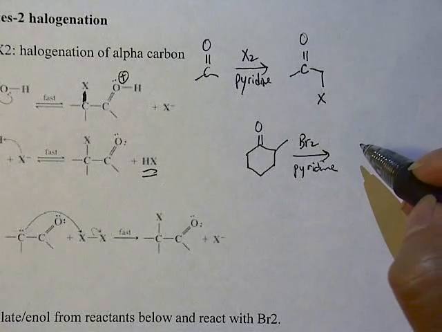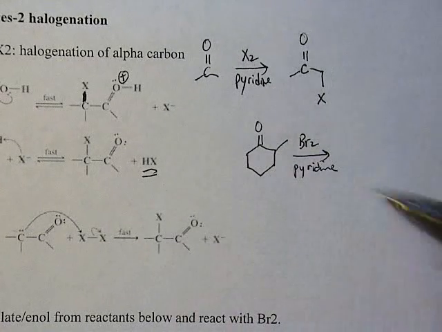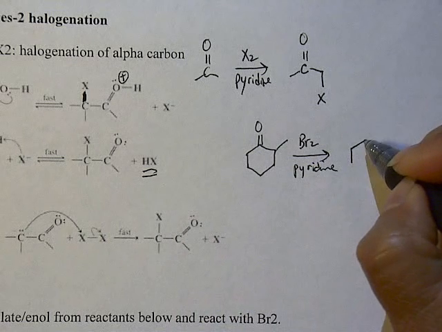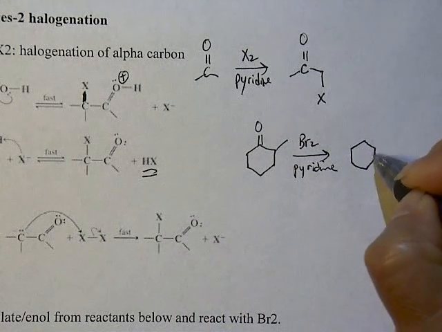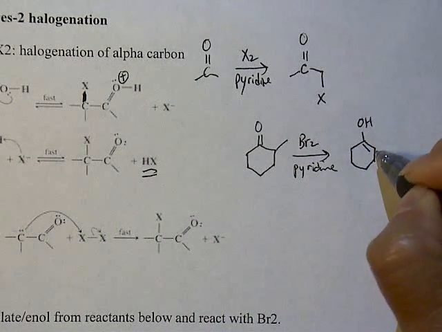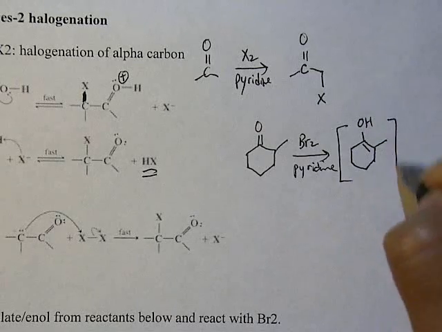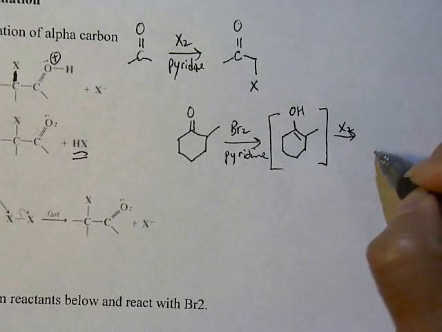And because you're forming an enol and it's an equilibrium process, you're going to form the more stable thermodynamic enol, which would be this. And then that will go on and halogenate.